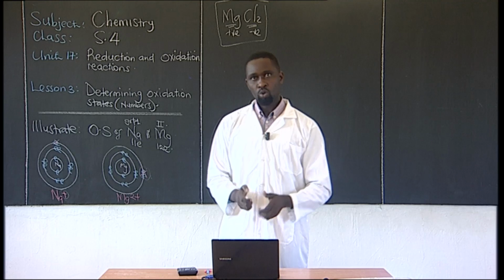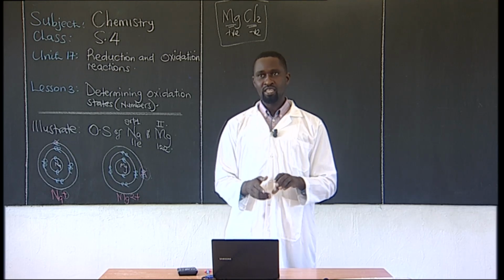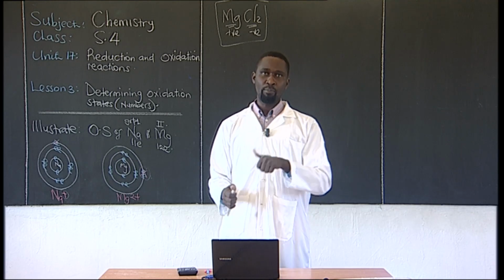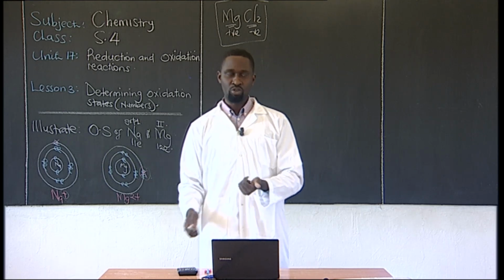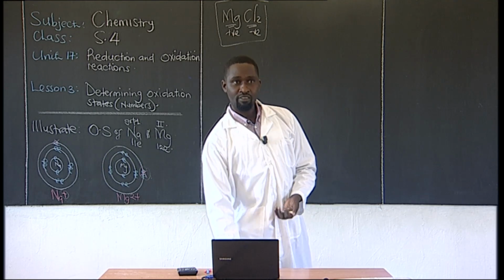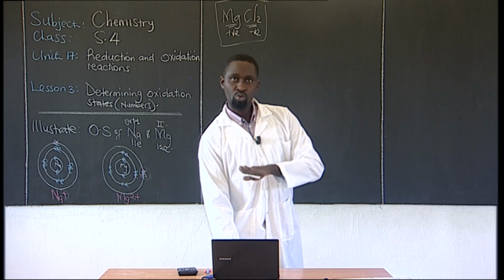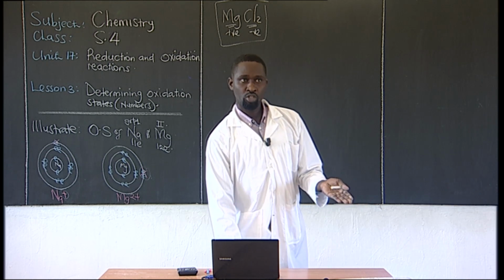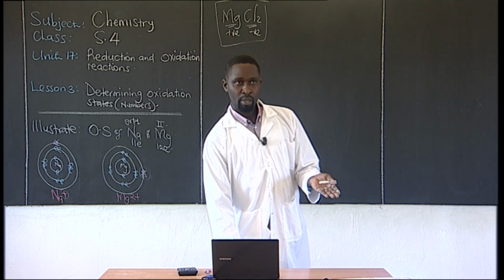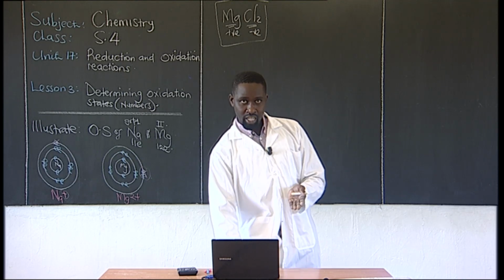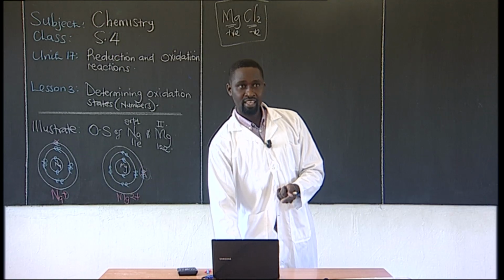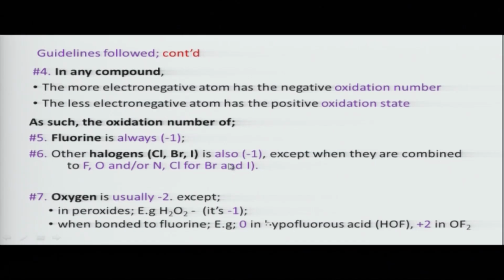Then chlorine, bromine, and iodine, being in group 7, which are relatively highly electronegative, always have -1 on condition that they are bonded to a less electronegative atom. But if they are bonded to a more electronegative atom, then they become positive. What are examples of more electronegative atoms?